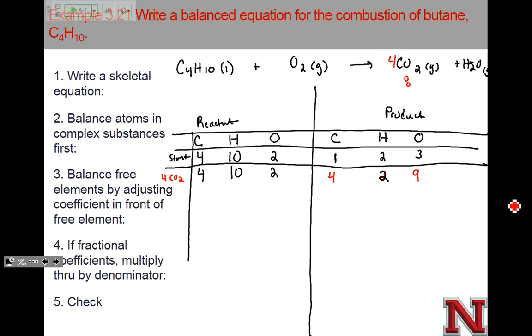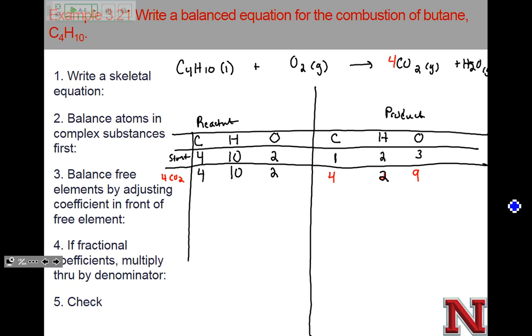Okay, so now my carbons are balanced. That doesn't necessarily mean I'm done with my carbons, but that's an easy thing to start with. And the next easiest thing to do is balance my hydrogens, because again, I only have hydrogens in 1 molecule in my starting material and 1 in my final product. So that's a nice, easy step to go to next. So I have 10 hydrogens in my reactants, but I only have 2 in my products.